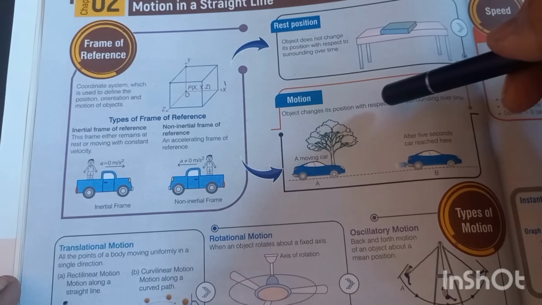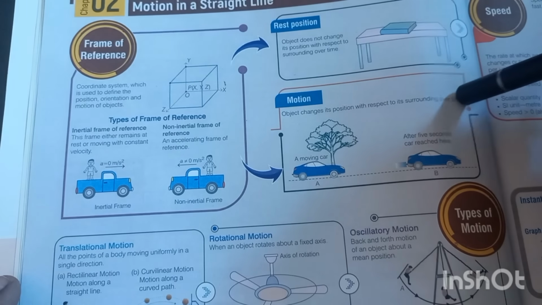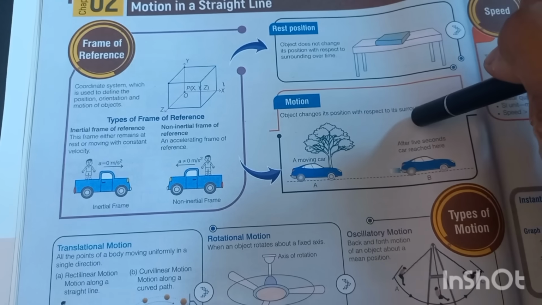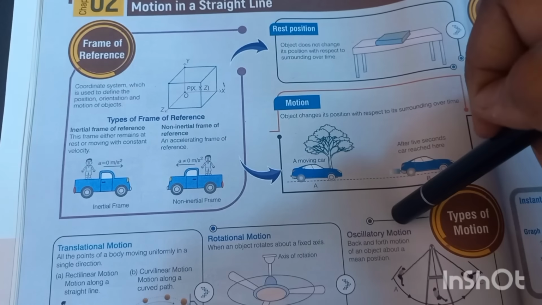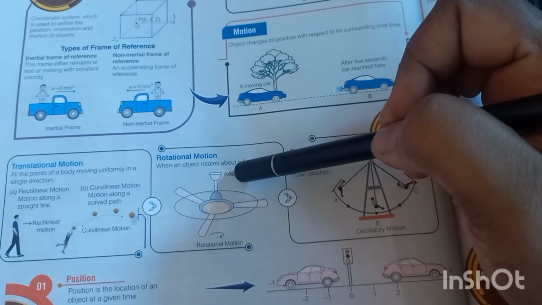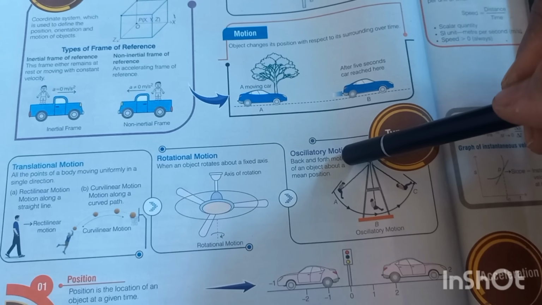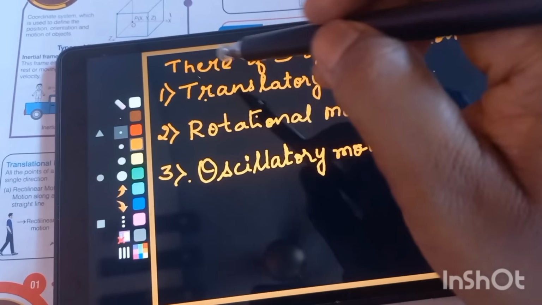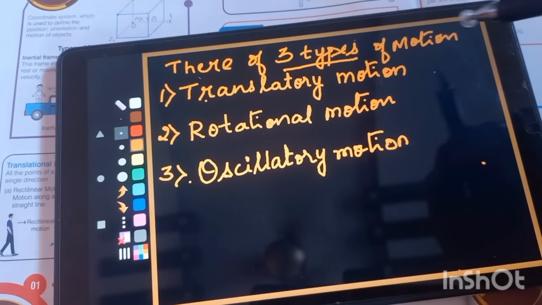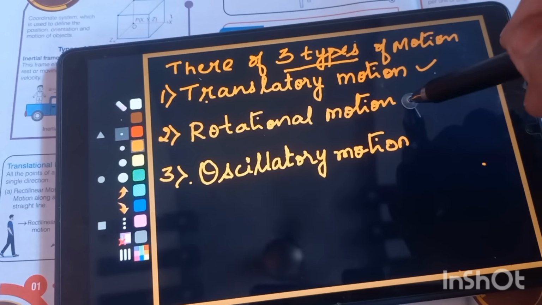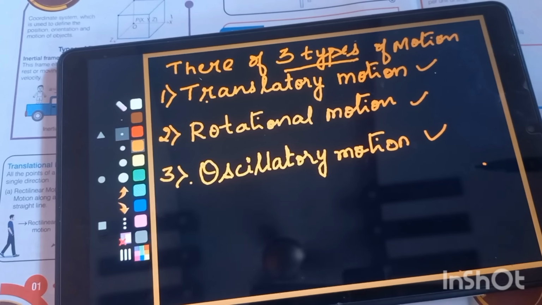Object changes its position with respect to the surrounding over time, that is known as the motion. So mainly there are three types of motion: the translatory motion, rotatory motion, and oscillatory motion.